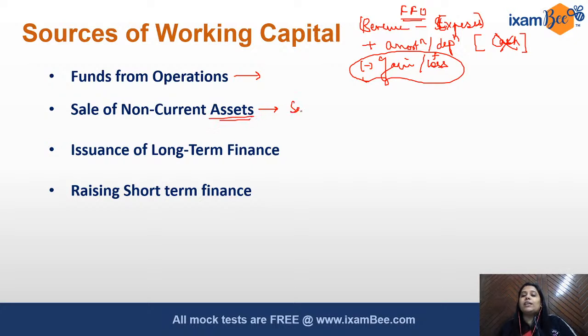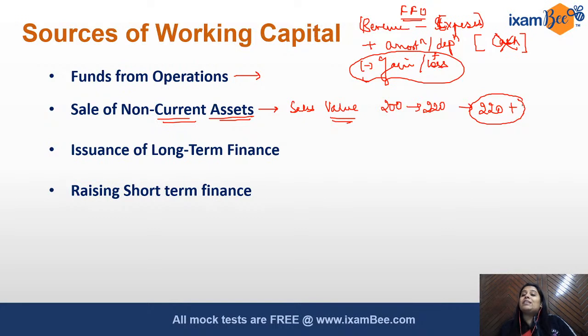What we are increasing is my working capital with the sale value or sale proceeds of non-current assets. And sale proceeds would automatically adjust the gain or loss. If net book value is 200 and you have sold the asset for 220, you will be taking 220 as a positive source of working capital under this head of sale of non-current assets.